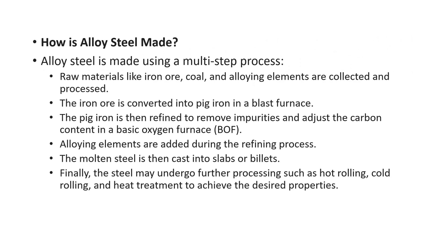How is alloy steel made? That is the manufacturing of alloy steel. Alloy steel is made using a multi-step process. Alloy steels are manufactured in foundries, because alloy steel foundries are also there. There are some basic steps through which alloy steels are manufactured.